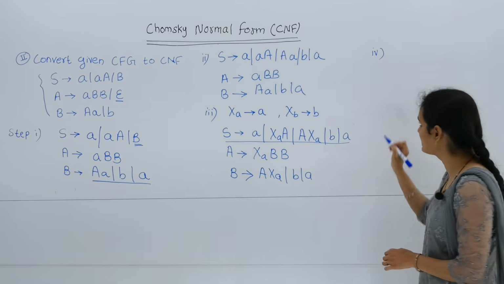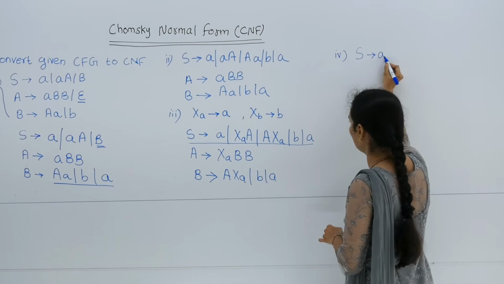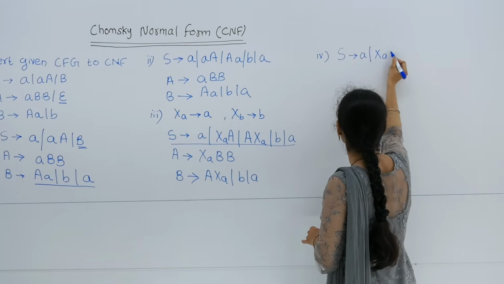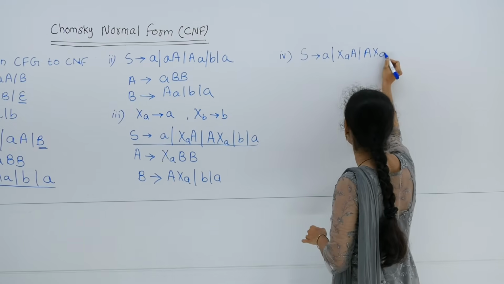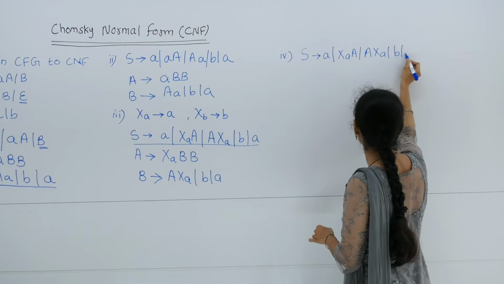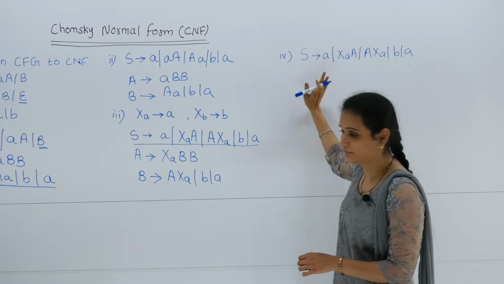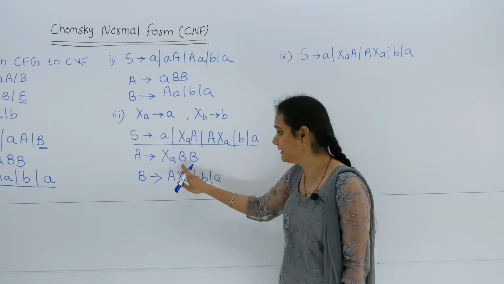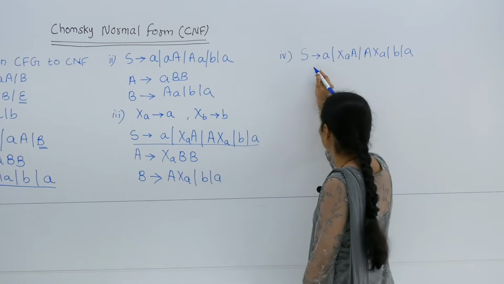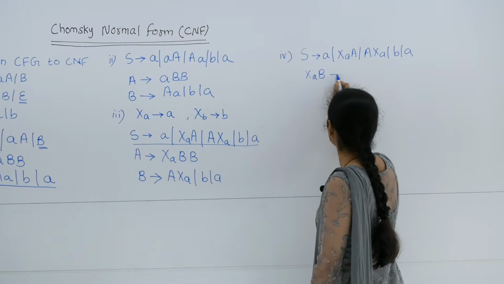So it is not necessary to replace, we can write all the terms as they are. Here 2 non-terminals are present, again here 2 non-terminals are present, single terminal and single terminal, meaning all the 5 productions are of the CNF. So here A produces XABB, 3 non-terminals are present, therefore XB, capital B produces T.